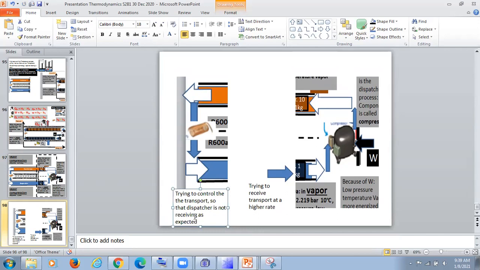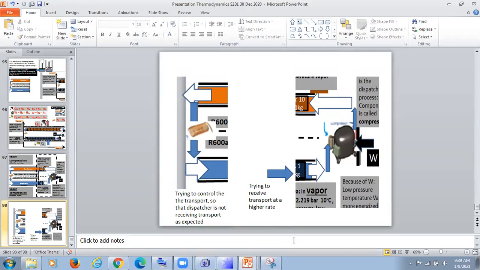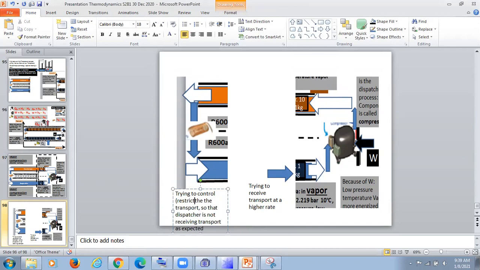The dispatcher is trying to receive, but the control, the metering device, is really restricting it, trying to control or restrict, or even limit.